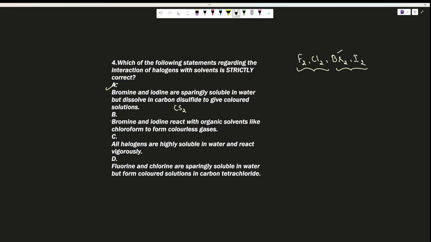Then the other options: bromine and iodine react with organic solvents? No, they don't react, just dissolve. All halogens are highly soluble? No. And fluorine and chlorine are sparingly soluble in water but form colored solutions in carbon tetrachloride? No, it is also not true. So the first one is the correct answer.